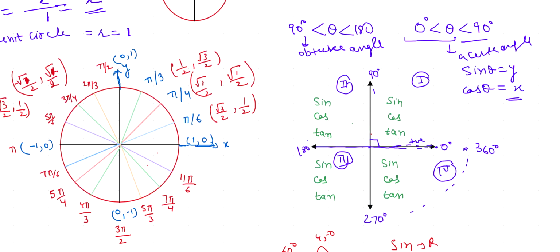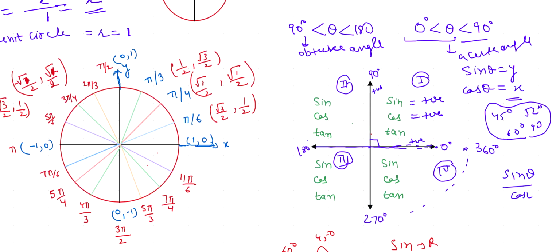So both are positive. So in the first quadrant, the value of sine theta will be positive. If any sine theta, sine 45 degree, sine 60 degree, sine 90 degree, the value will be positive. The same is true for the cos theta, because for both x and y, both are positive. As tan theta is sine theta upon cos theta, as both are positive, you will get the tan theta also positive.